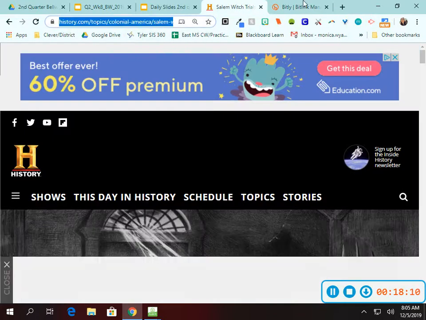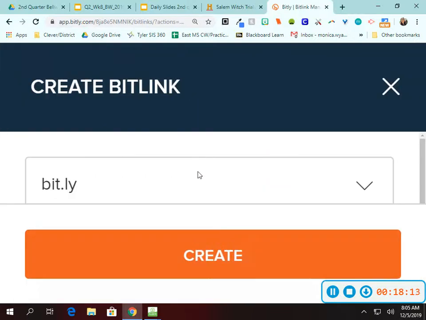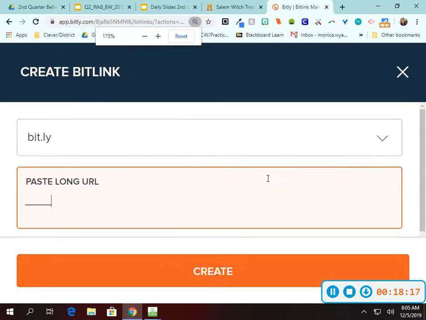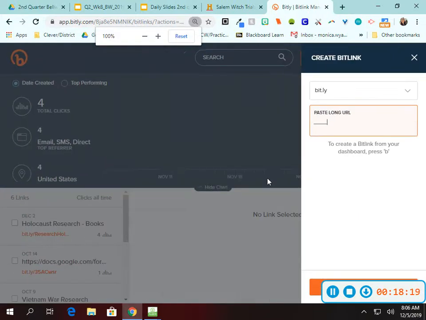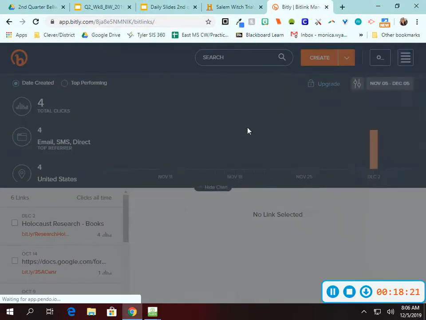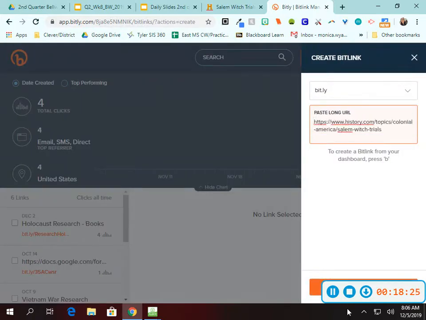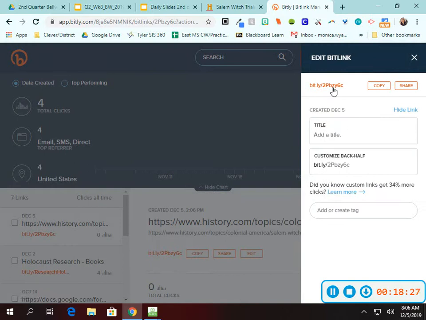I'm going to copy it. Okay, I have to make this smaller. I'm going to paste my long URL, which actually isn't that long. And then here is the link that I'm going to write down.